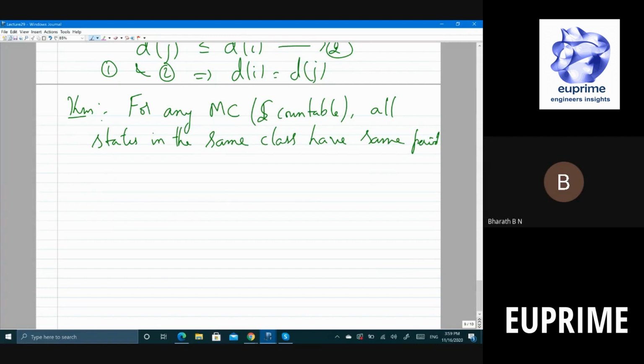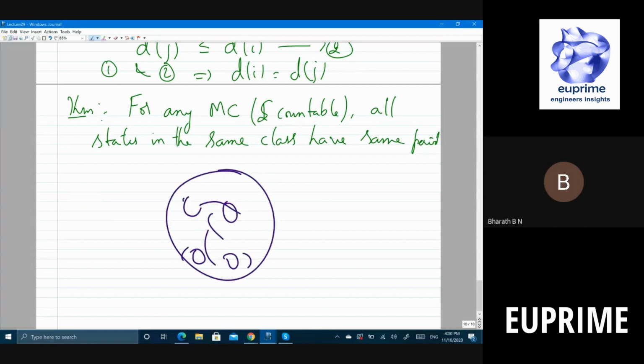Now, suppose I have a Markov chain where all the nodes are recurrent, and they have the same period, and the period is 1. What does that mean? It's aperiodic, right? So all the nodes can communicate with each other, it's one big class, and the period is 1.